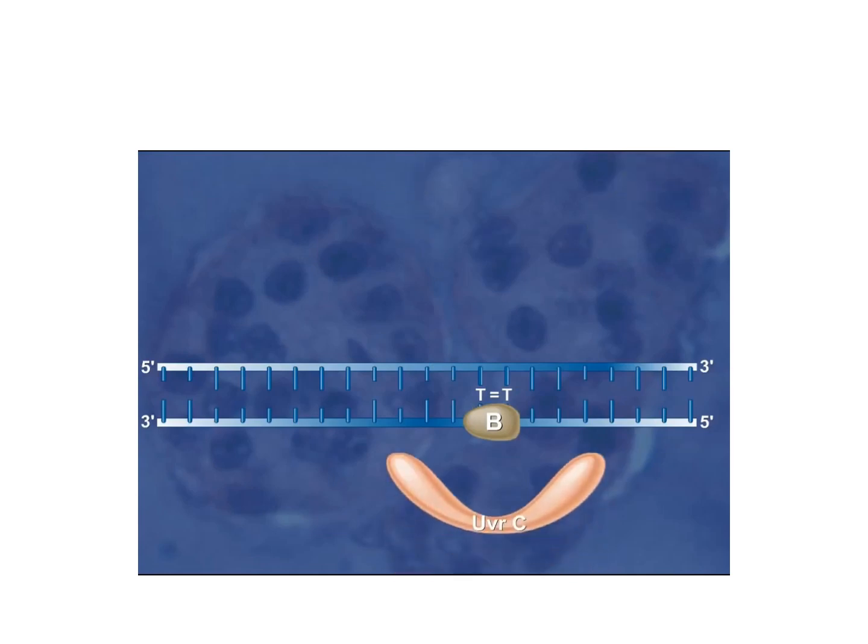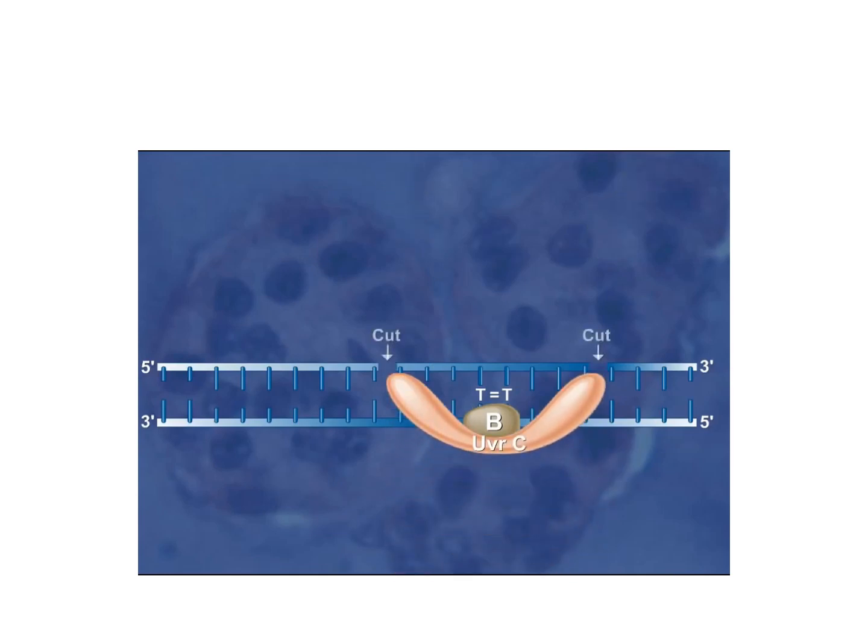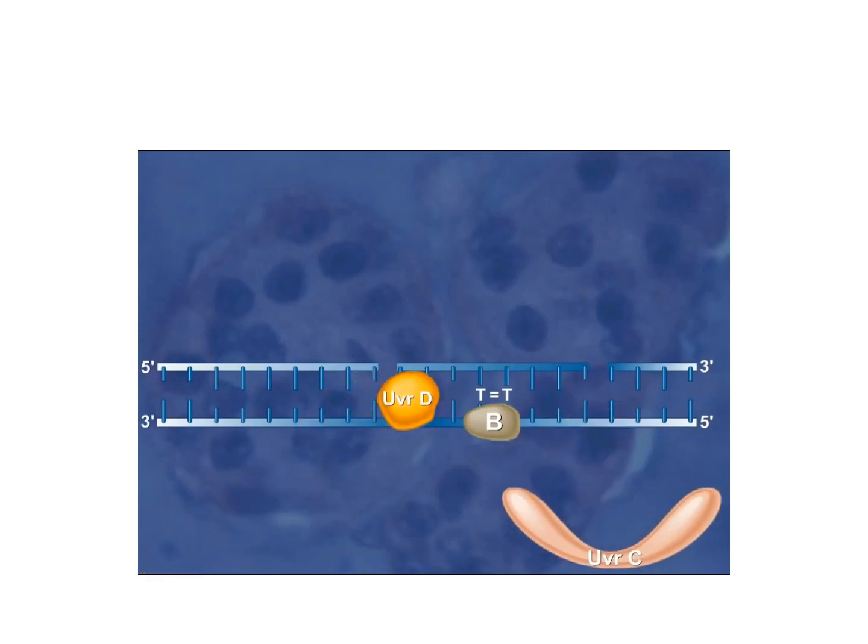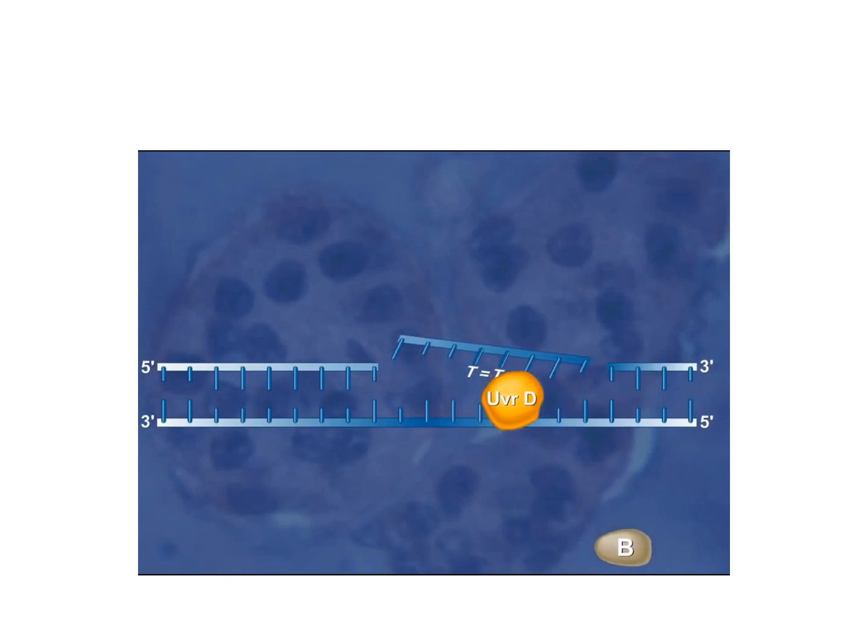UvrC then binds to the site and makes 2 cuts on the damaged strand. Both cuts are several bases away from the damaged site. UvrD, a helicase, then binds to the site and separates the segment of damaged strand from the rest of the DNA molecule. UvrB, C, and D are then all released from the damaged region.